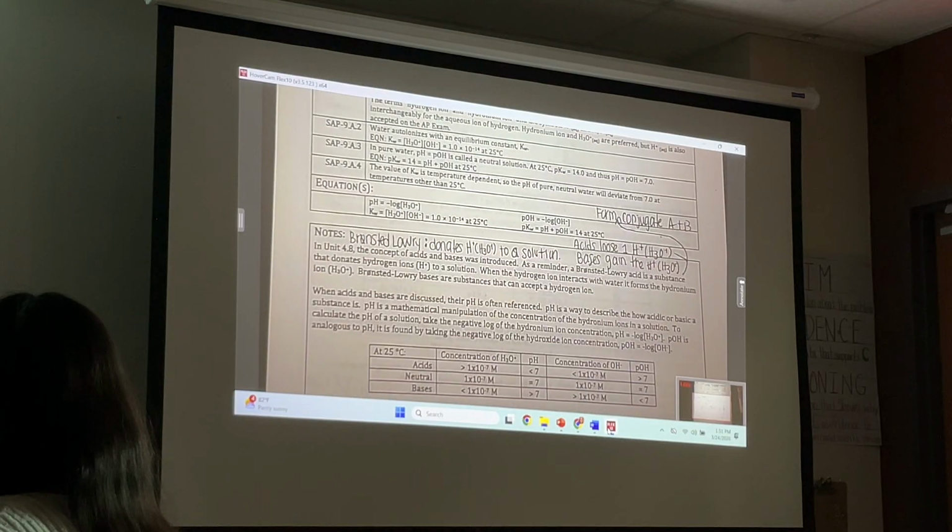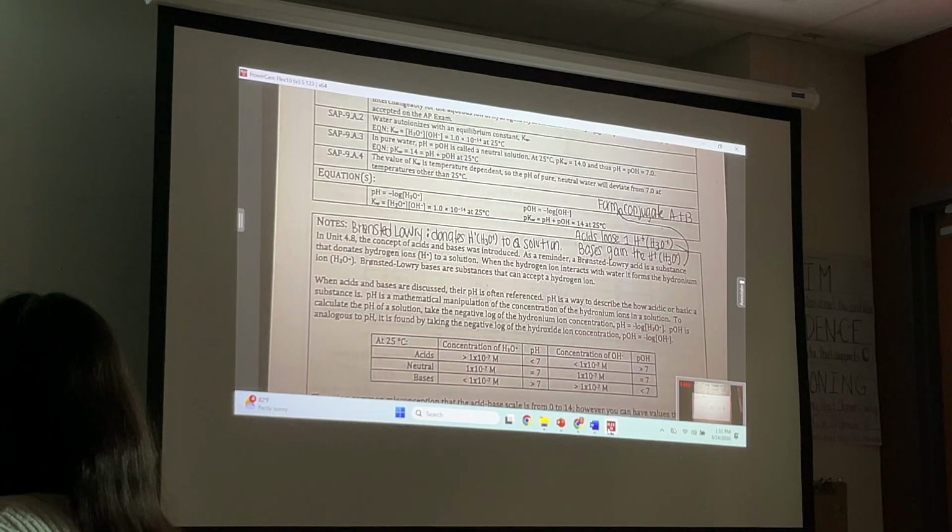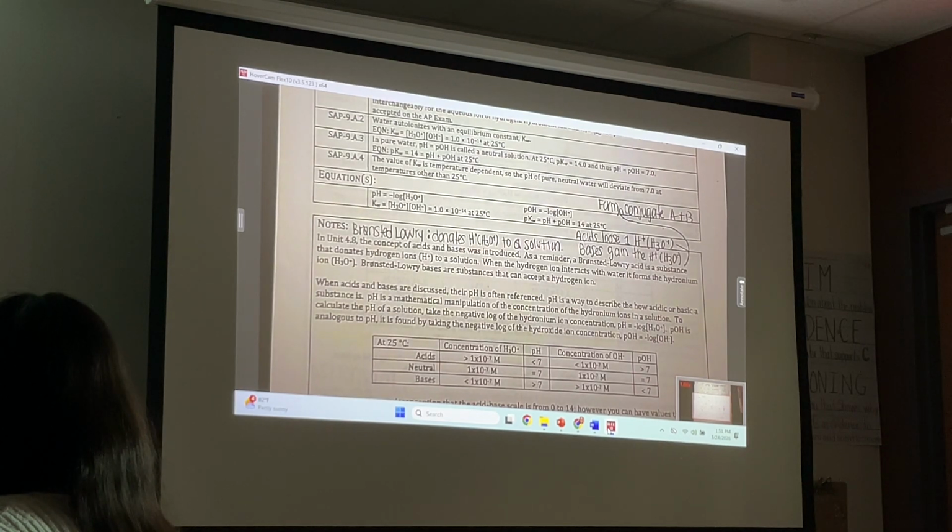Now, our acid and base theory focuses a lot on our Bronsted-Lowry. Bronsted-Lowry is very simple. It says that acids are going to donate their hydrogens and bases are going to gain them. So let's say, for example, I gave you a compound and you're like, oh my God, that's an acid. How would I know by looking at that compound that that's an acid?